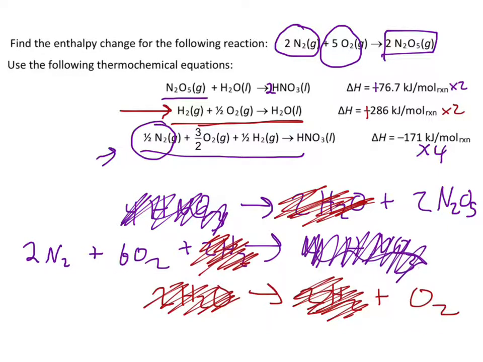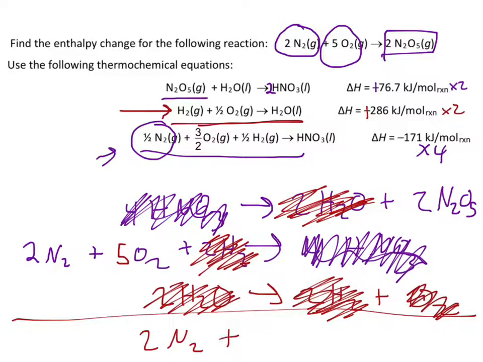One of those will cancel out with the other one, and this will become 5, and then this one just cancels out. And so now we're left with this yielding that, which is exactly what we wanted. So what's left over is 2 nitrogen gas plus 5 oxygen gas, yielding 2 N2O5.